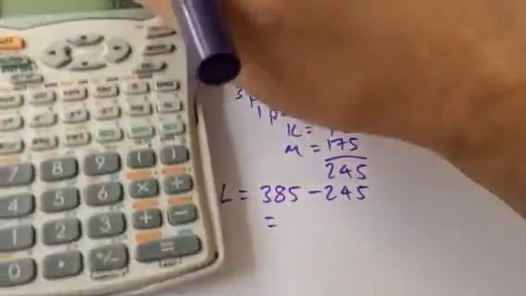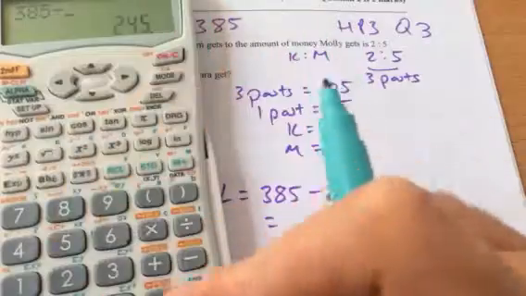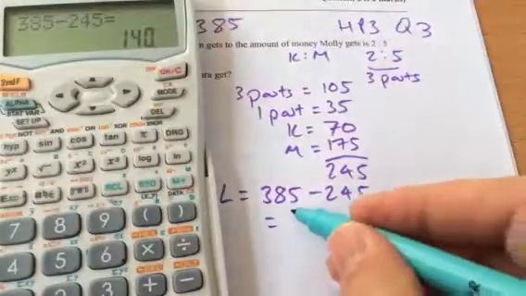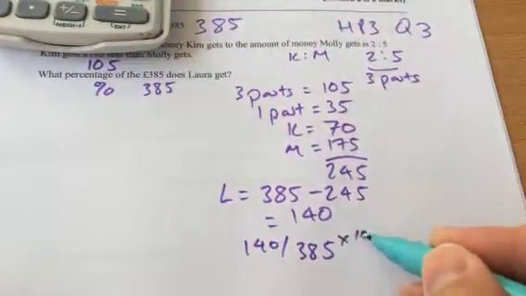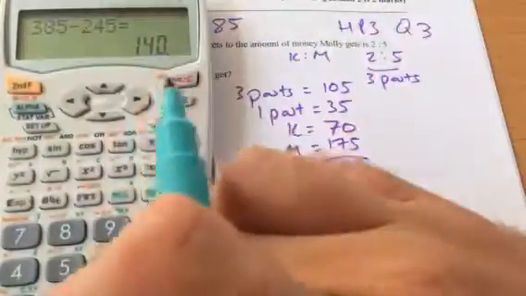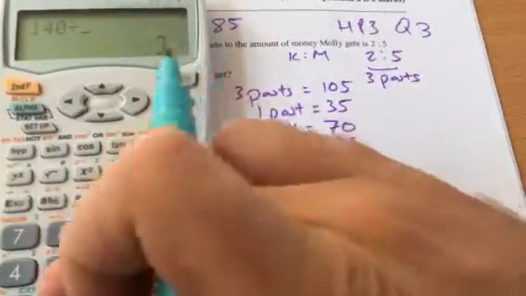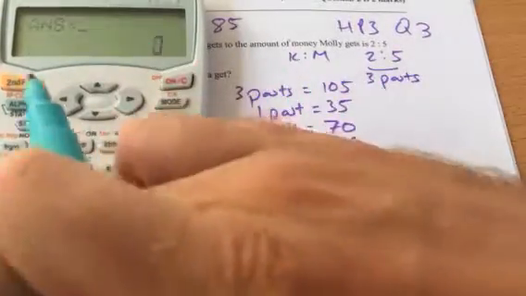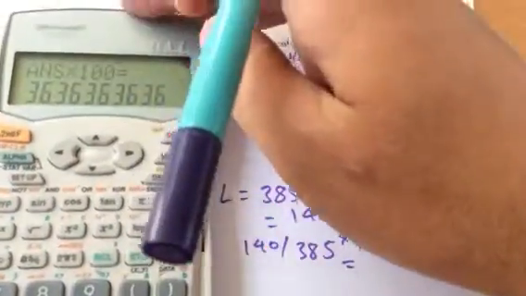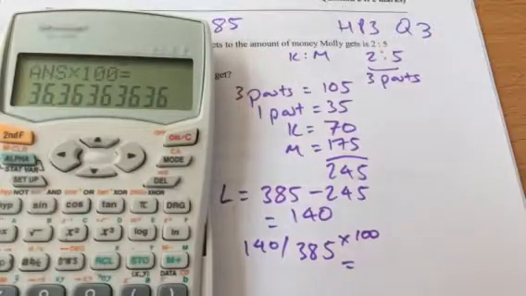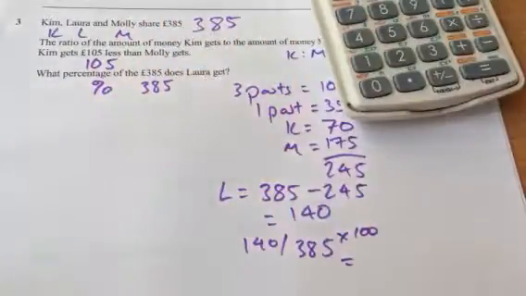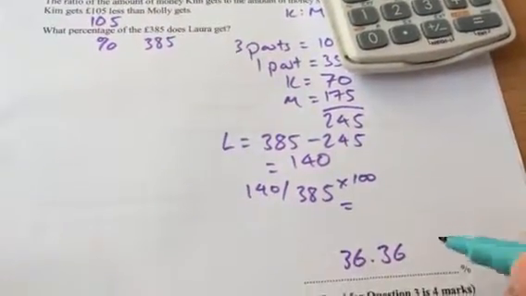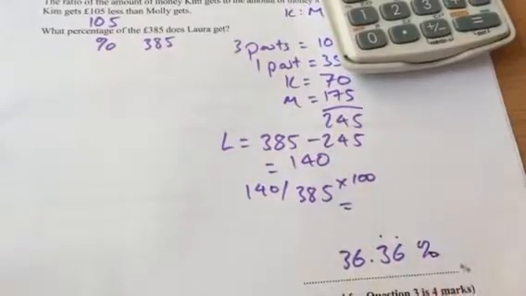So 385 minus 245 is 140, but they've asked for that as a percentage, so 140 over 385 times 100 will give me 140 divided by 385 times 100, 36.36%. And have they asked us for a degree of accuracy? No, so 36.36 or 36.4. Those two are recurring.